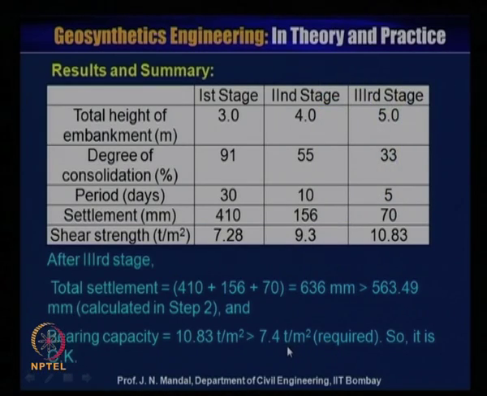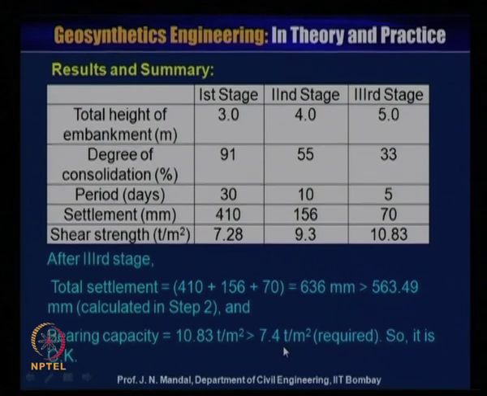Now we can give the result and summary. It can be said that the total height of the embankment in the first stage is 3 meter, second stage 4 meter and third stage 5 meter. Degree of consolidation in the first stage is 91 percentage, second stage 55 percentage and third stage 33 percentage. The period required is first stage 30 days, second stage 10 days and third stage 5 days.